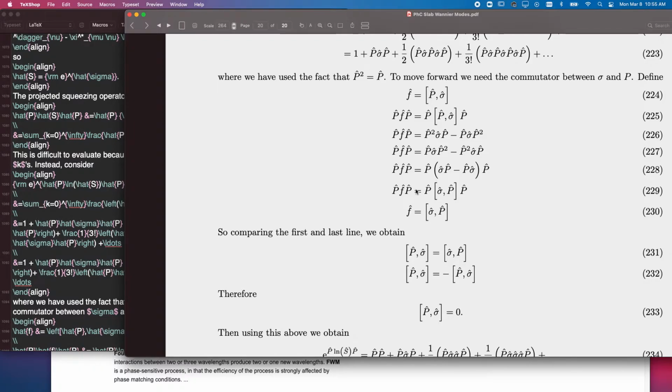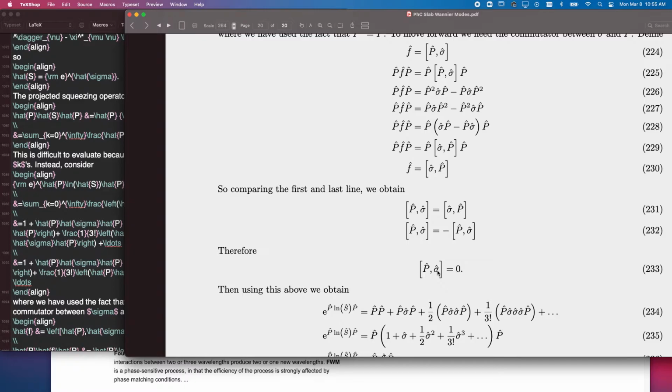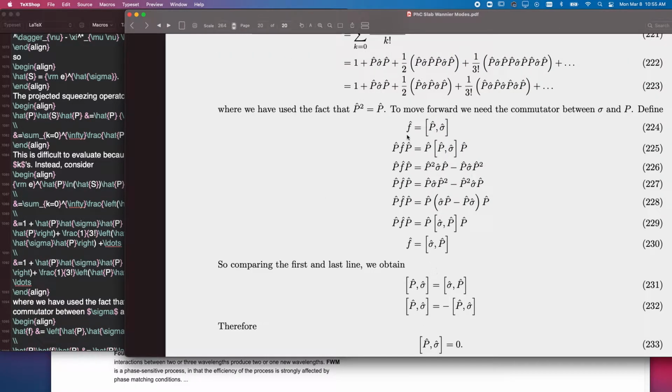Do p times p inverse, I get identity, and then the same thing on this side. I should find that the operator f is equal to sigma p. And then if you compare the first to last line, p sigma is equal to sigma p. But this is only true if the commutator of p and sigma is equal to 0. Okay, so the commutator is 0. That means we can flip.